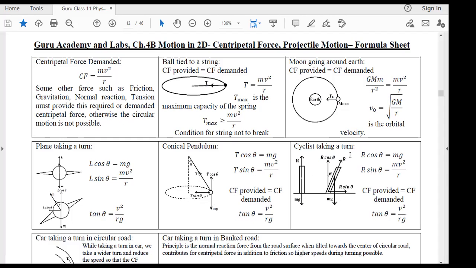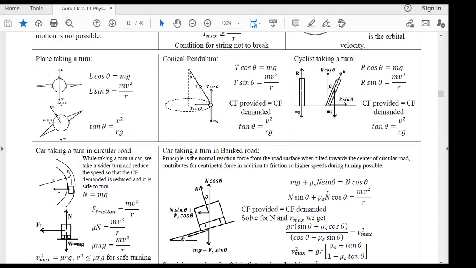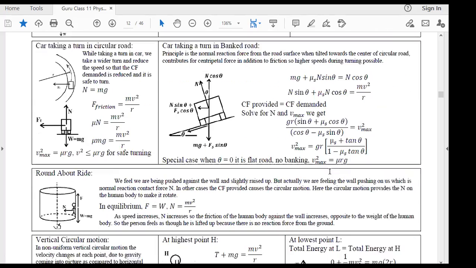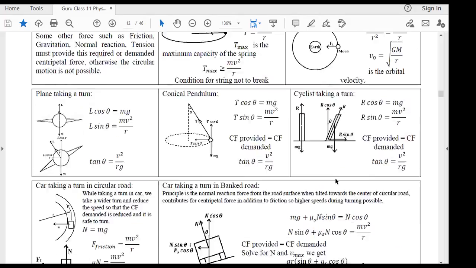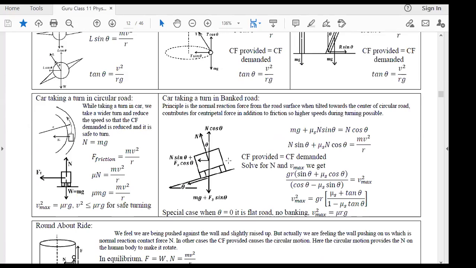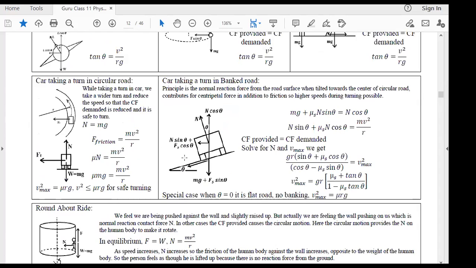All these are examples of circular motion. I gave this topic in chapter 4, but some of the derivations are coming in chapter 5, so let's quickly go through that.